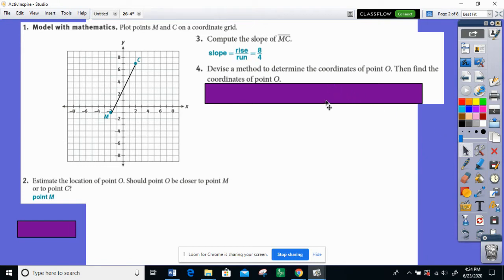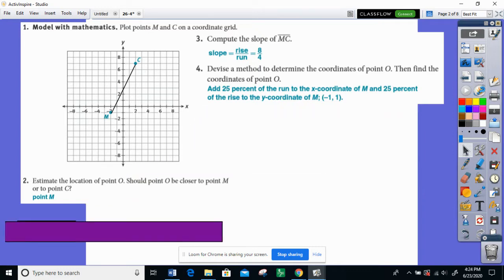So what is a good method to determine the coordinates of point O? Then we're going to put that into practice to find the coordinates of point O. So they want us to add 25%. Why 25%?